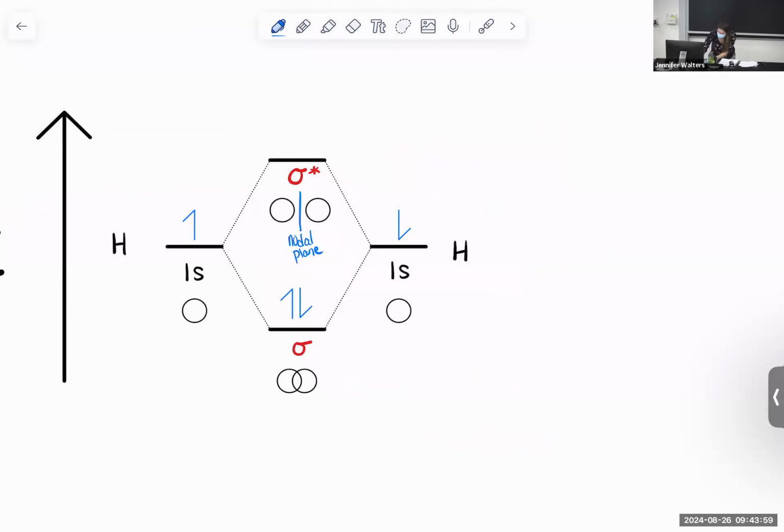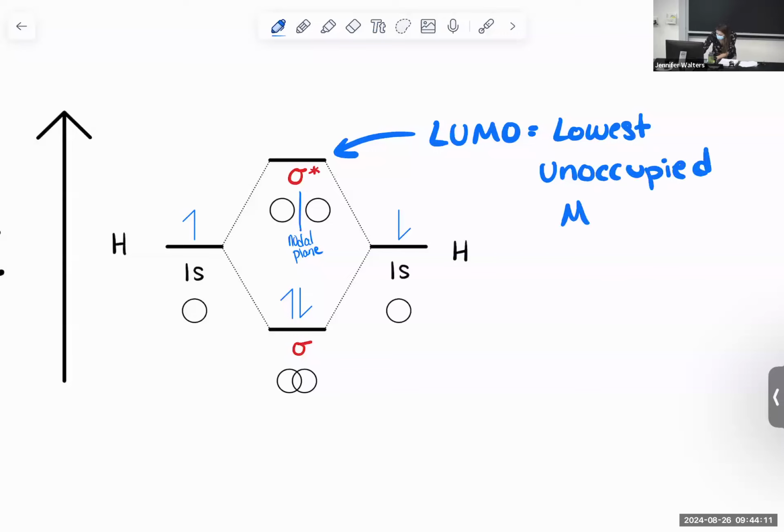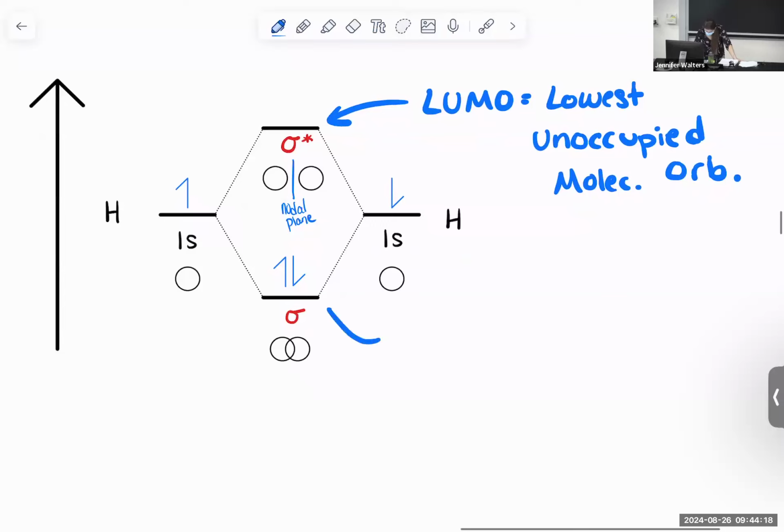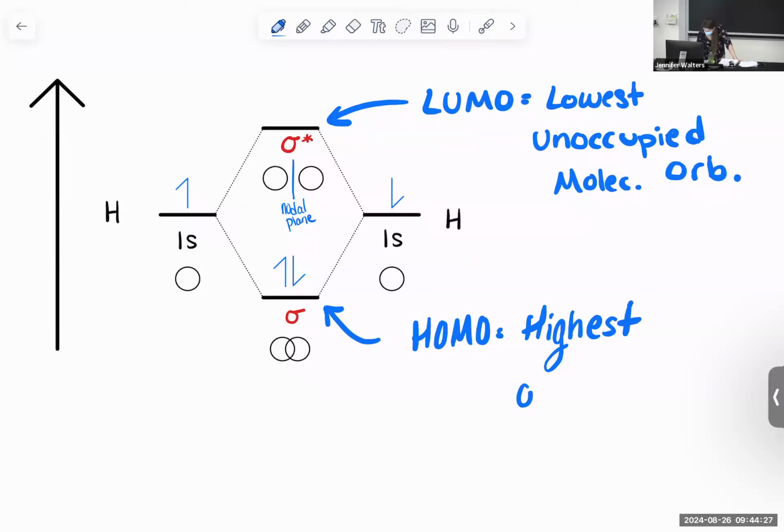That makes this top orbital my LUMO, my lowest unoccupied molecular orbital. And it makes my sigma my HOMO, my highest occupied molecular orbital.